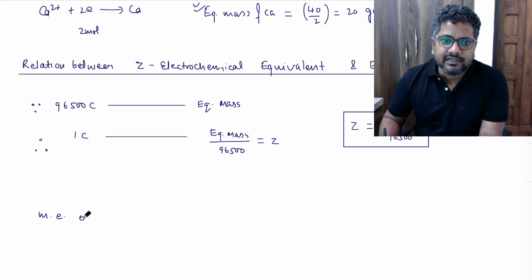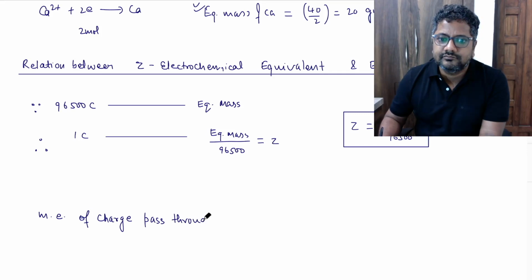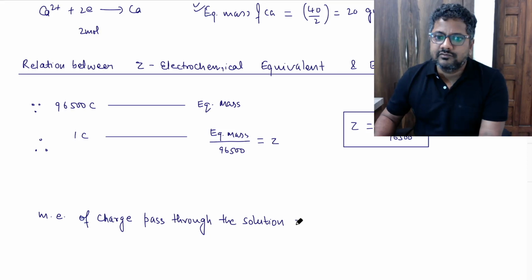So the milliequivalents of charge passed through the solution is equal to the milliequivalents of species deposited.